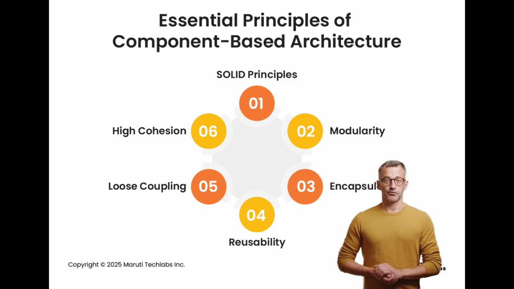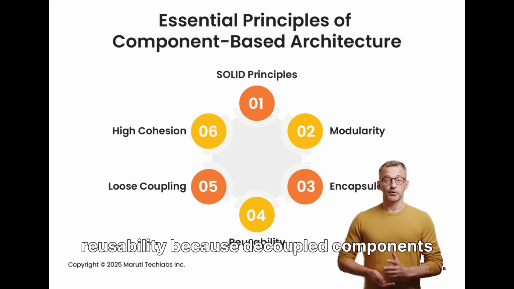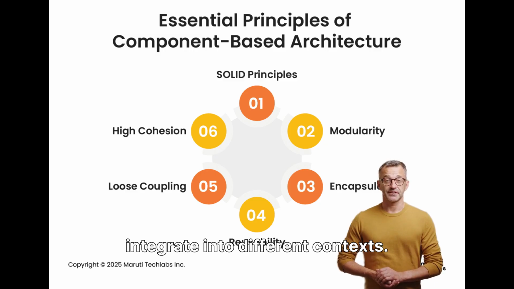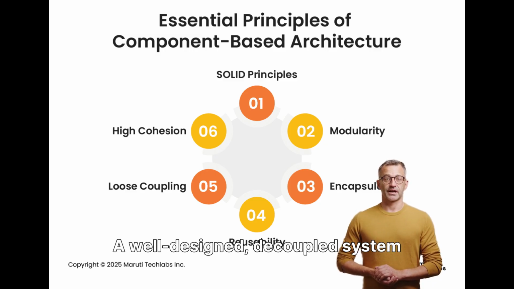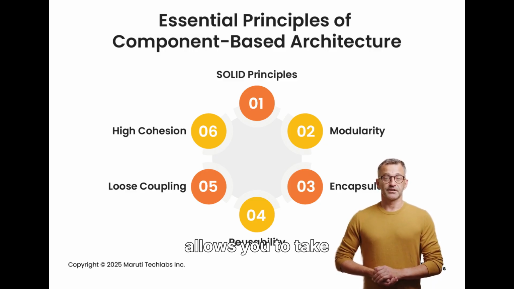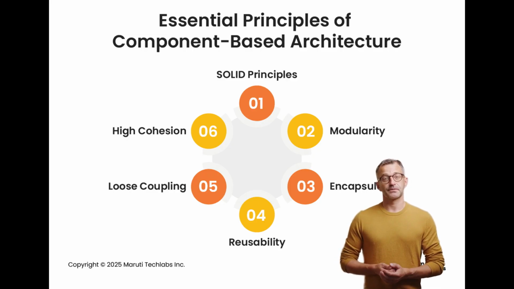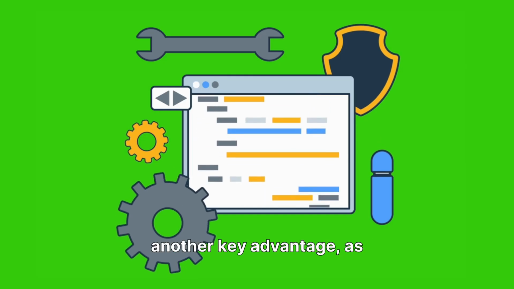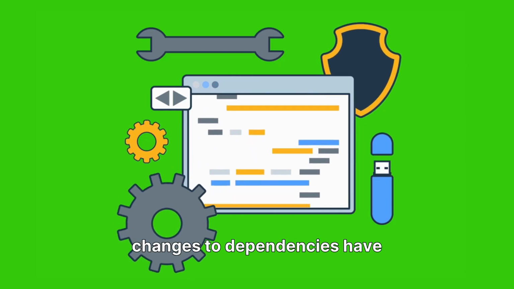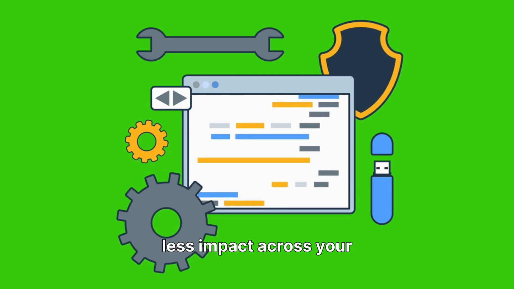You'll find better code reusability because decoupled components are much easier to integrate into different contexts. A well-designed, decoupled system allows you to take a component from one project and use it in another with minimal effort. Simplified code maintenance is another key advantage, as changes to dependencies have less impact across your codebase.